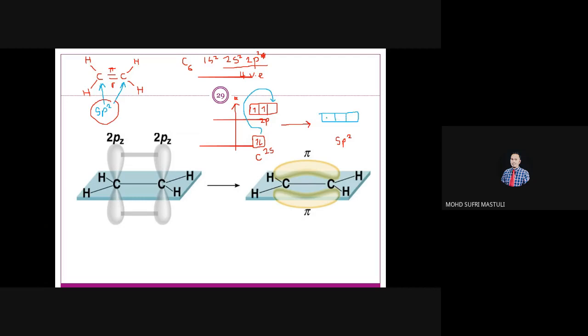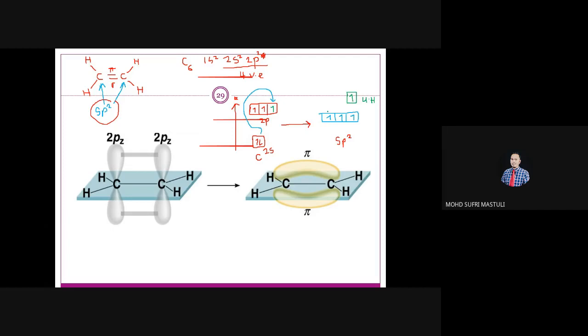One electron from the s, one electron from the p, and one electron from the other p. So the third p electron is not involved in the hybridization, but it is unhybridized with 1 electron.